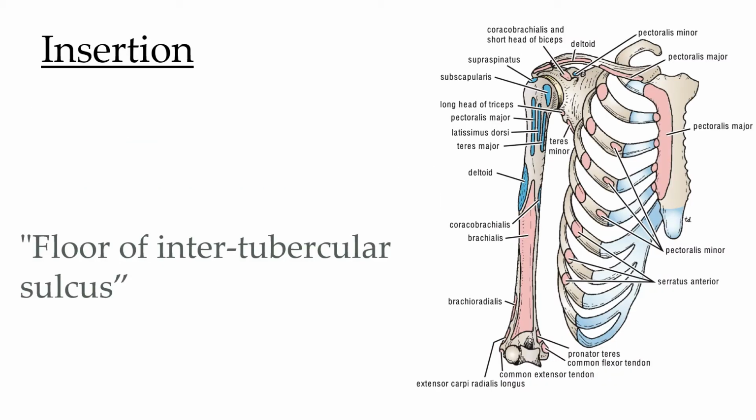After taking origin from the spinous process and supraspinous ligament of lower 6 thoracic vertebrae, all the lumbar vertebrae and sacrum, along with the outer lip of the dorsal segment of the iliac crest, lower 3 to 4 ribs and dorsal surface of the inferior angle of scapula, the fibers of latissimus dorsi proceed superolaterally in order to insert over the floor of the bicipital groove, as you can see here in the illustration.